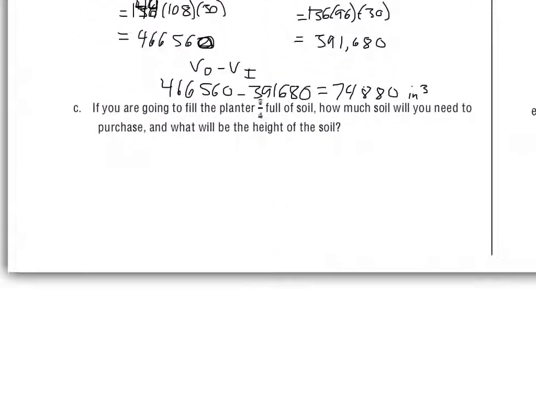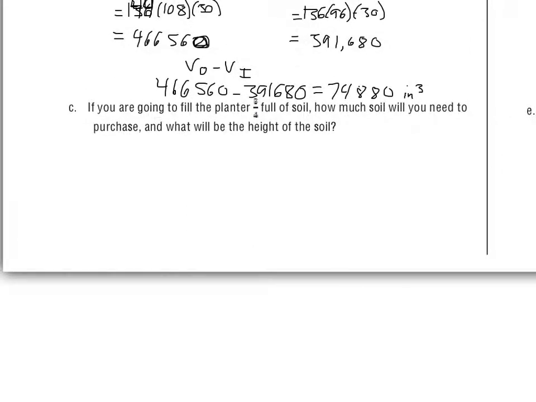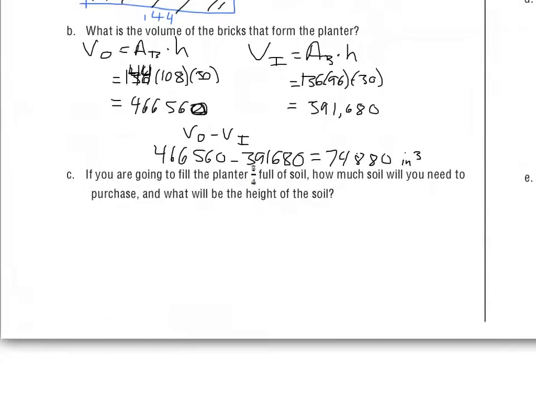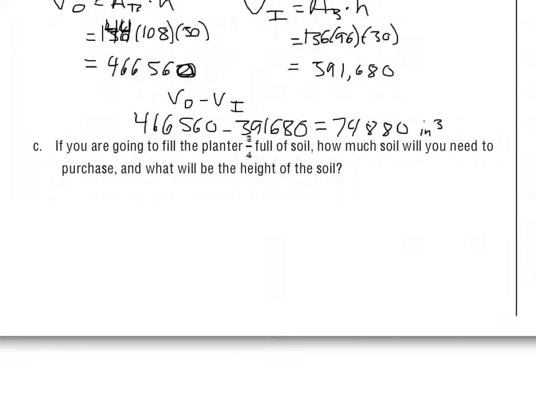All right, so it tells me that we're going to fill the planter 3/4 full of soil. How much soil would we need to purchase? All right, so the soil goes only on the inside. So the soil is going to be a fraction of the inner volume. So we're looking for 3/4 of that inner volume, and we want to know what the height would be.